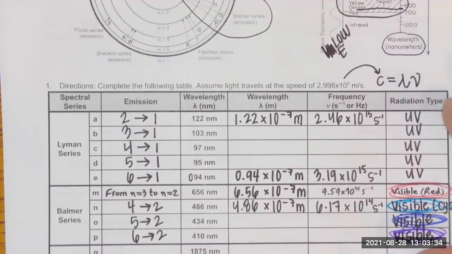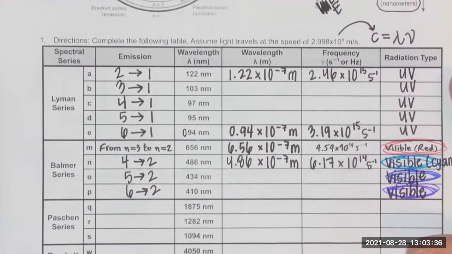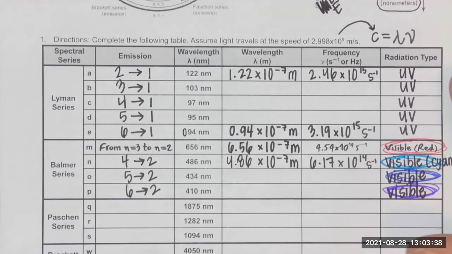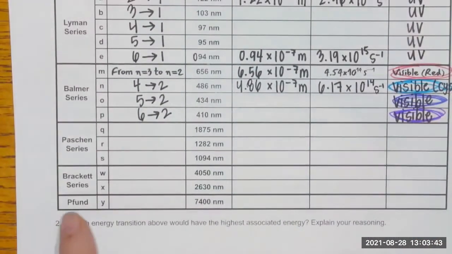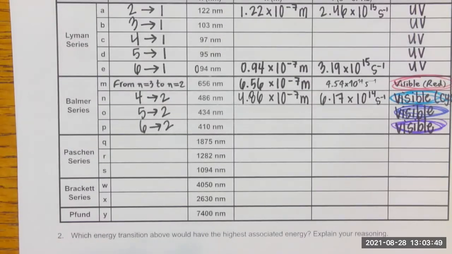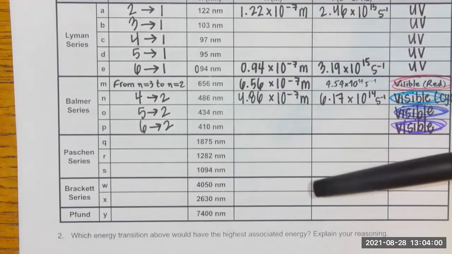And last one I'll do with you, I'll do one from this next series, the Paschen series, although my personal favorite is the Pfund series. It just is like a fun name. Pfund. I'm sure you don't say it that way. But it doesn't really matter.